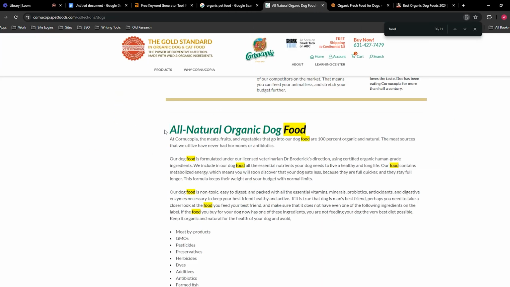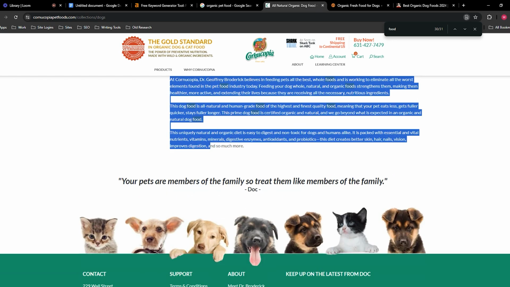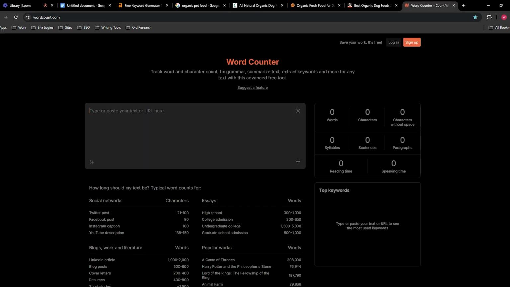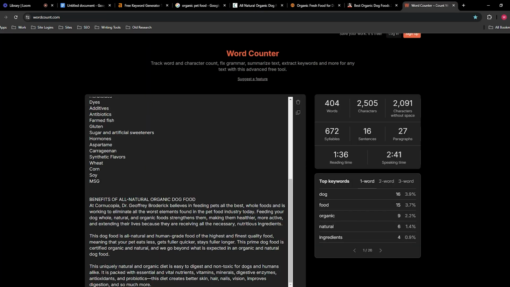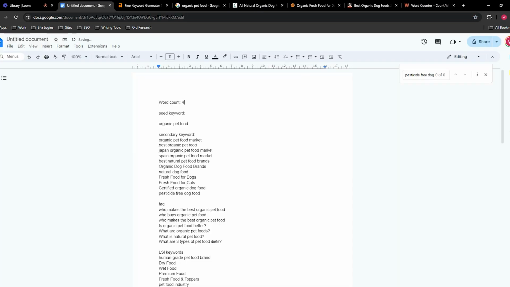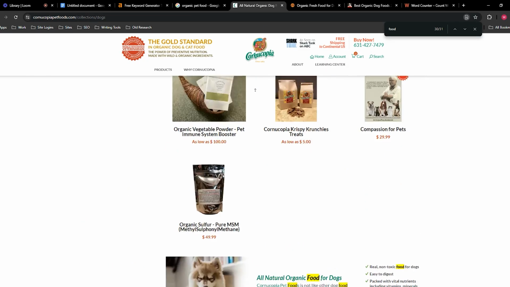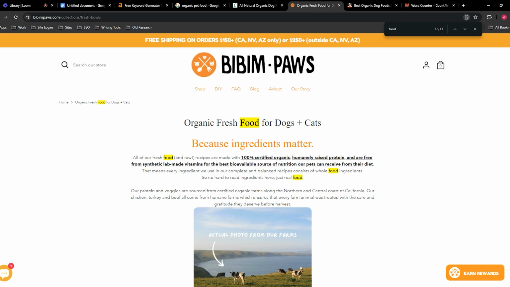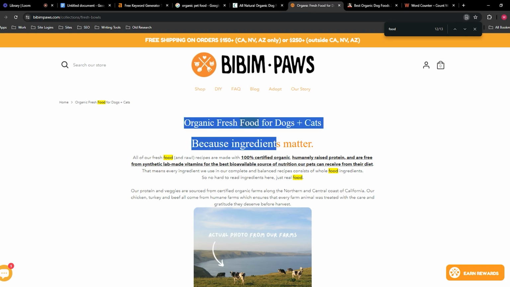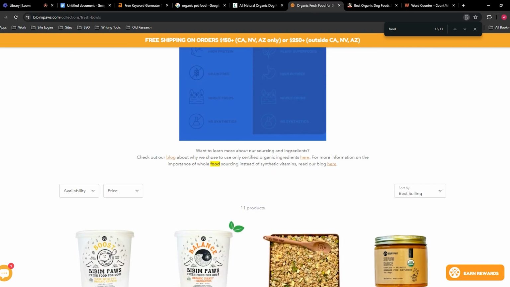For the second page, we'll see how long this section is. It doesn't look like a lot, maybe 300 words. Let's see, it's 400 words. So our first estimate is 400, which is, in my opinion, far too little given the amount of keywords that we have. We'll go to the third one and see how many words there are here.